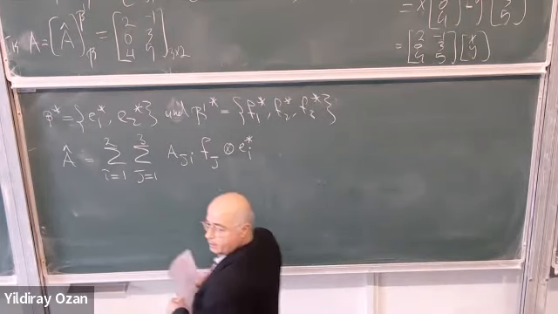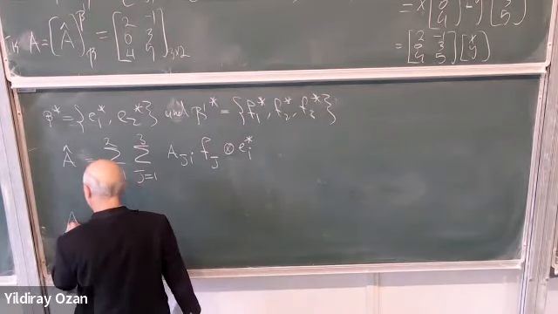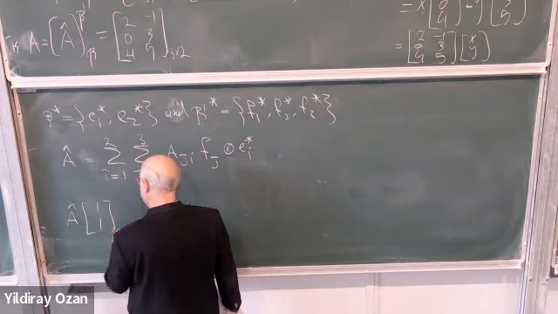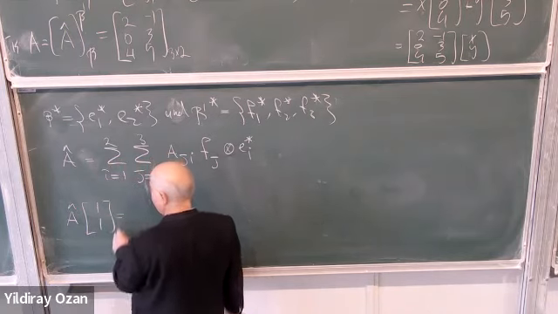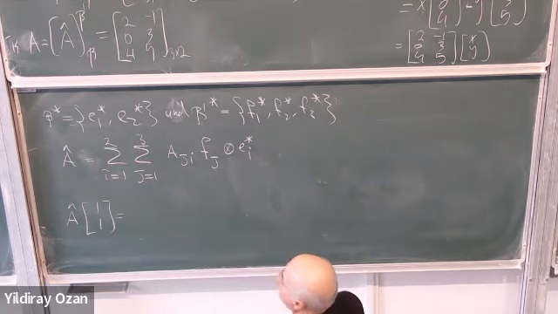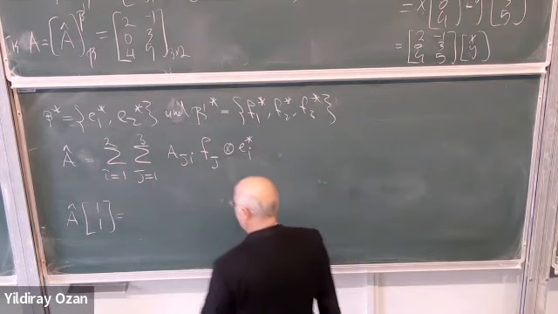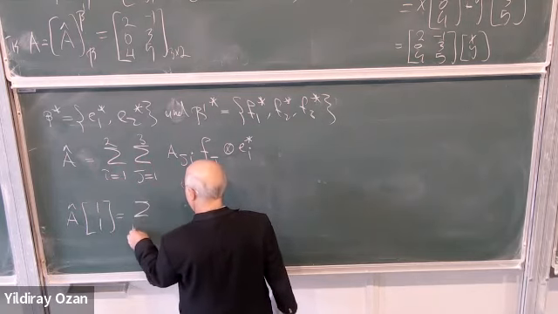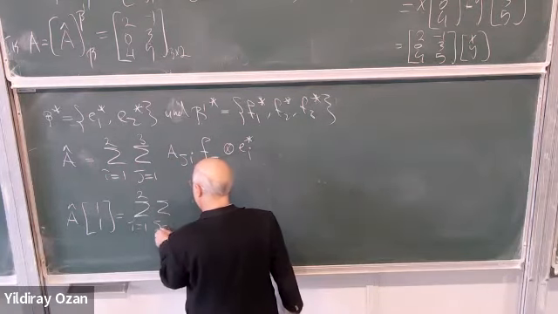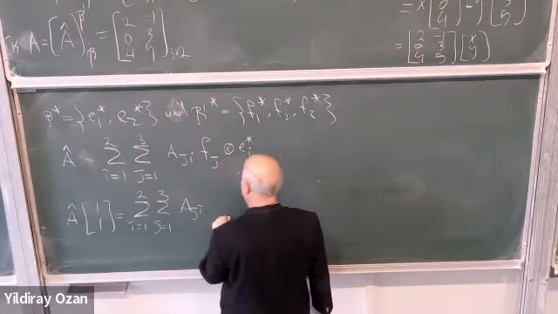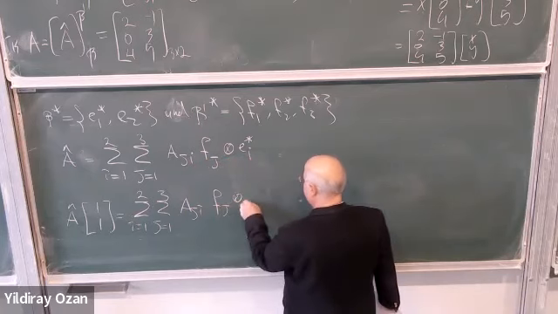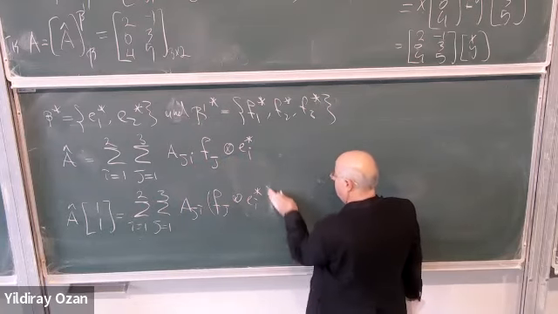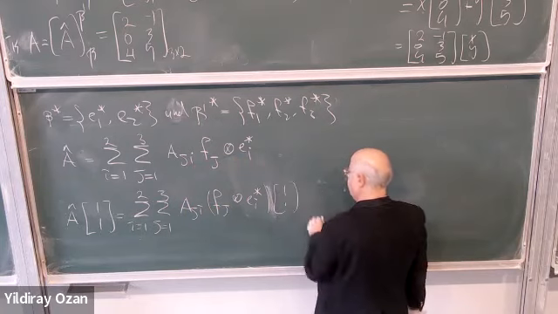Hesap yapalım bir tane. Mesela h'ı (1, 1) üzerinde hesaplayalım. Okay. So this is just the sum over i from 1 to 2, j from 1 to 3, of a_ji F_j tensor E_i star, evaluated at (1, 1).